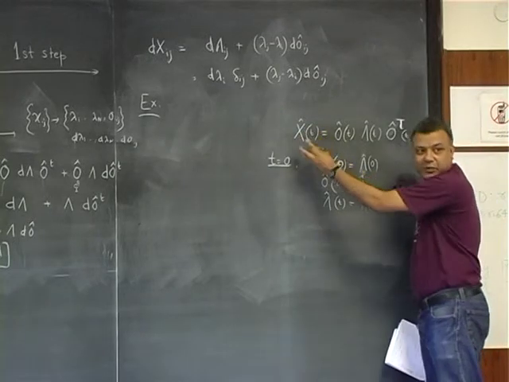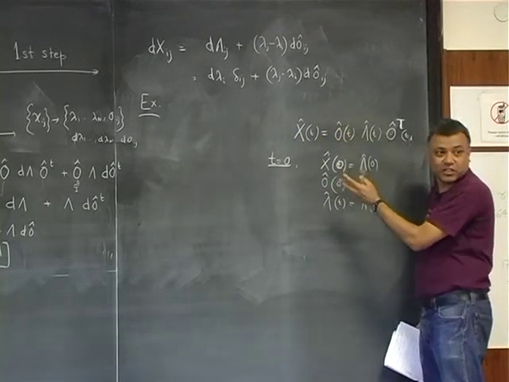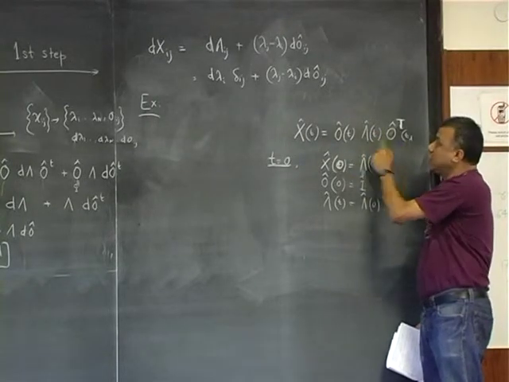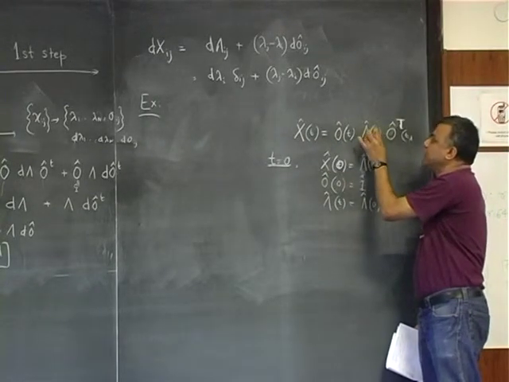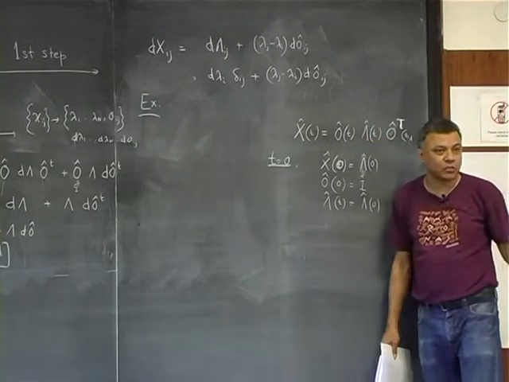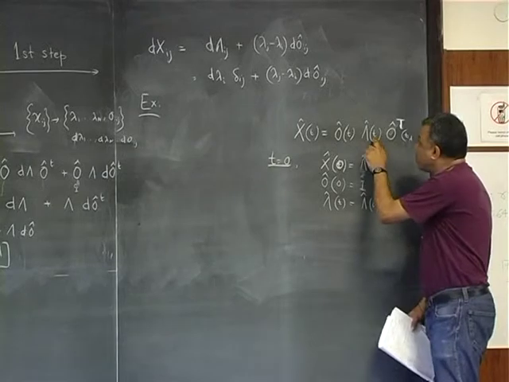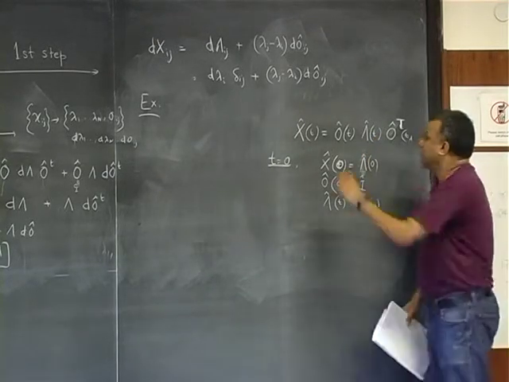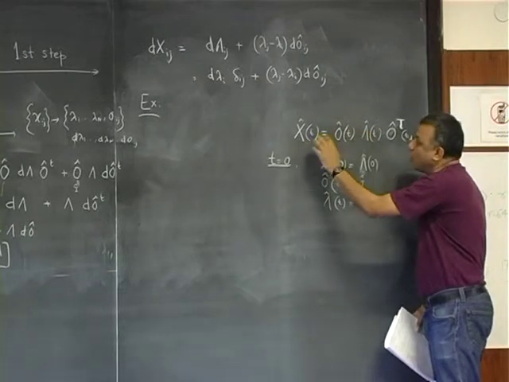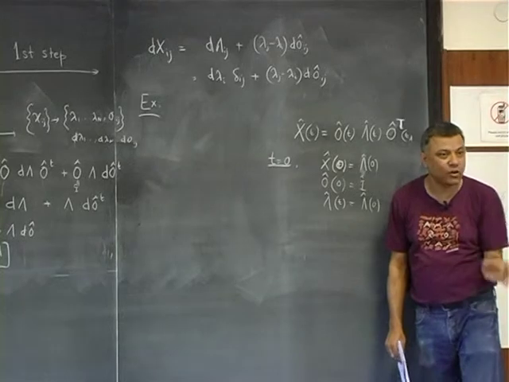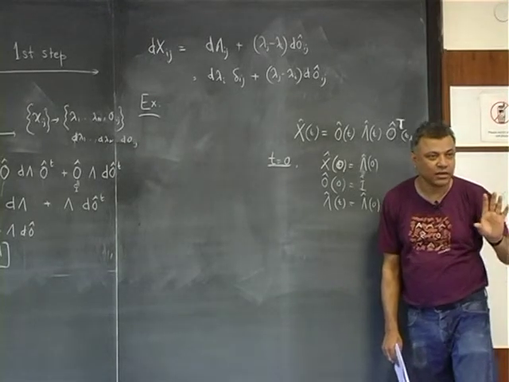This x is changing a little bit, O is also changing, this guy is also changing, but this guy is always diagonal, because this is by definition. At time t, this is the orthogonal transformation. So the lambda of t is the diagonal matrix that you obtain by diagonalizing x at time t. So this relation is valid at all times t. Clear?